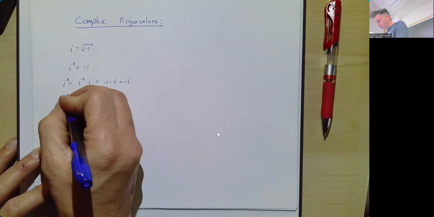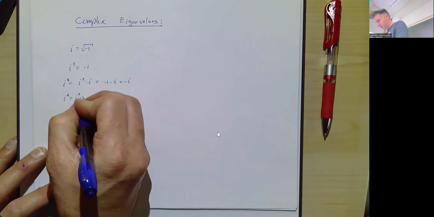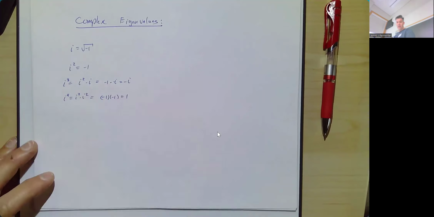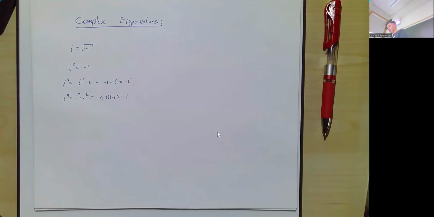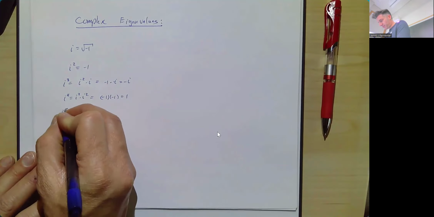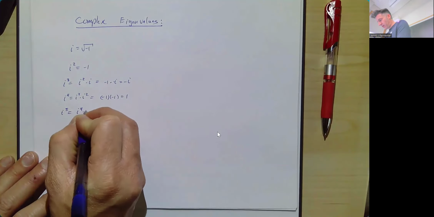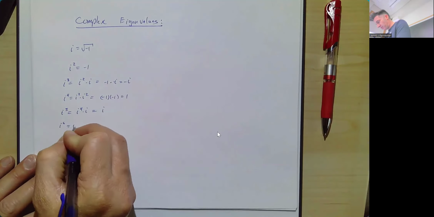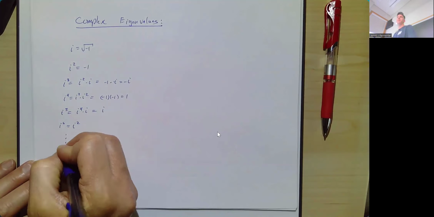And i to the 4th is i squared times i squared, which is -1 times -1, which is 1. And then the pattern repeats. i to the 5th is i to the 4th times i, which is just 1 times i. And i to the 6th is i squared, and so on and so on.